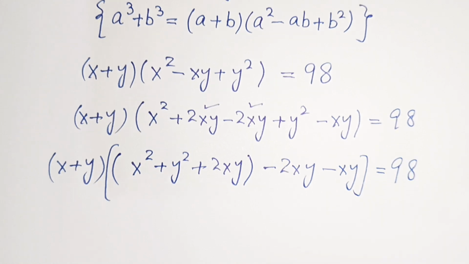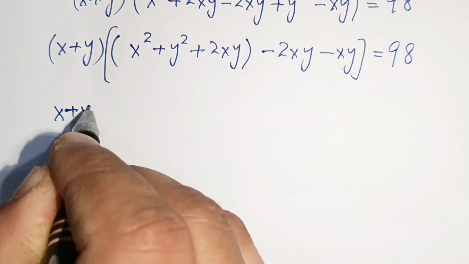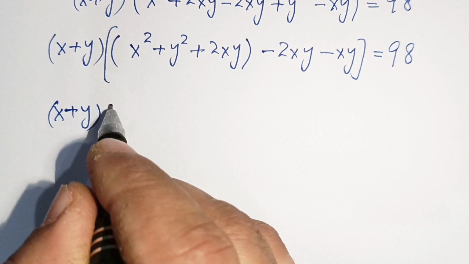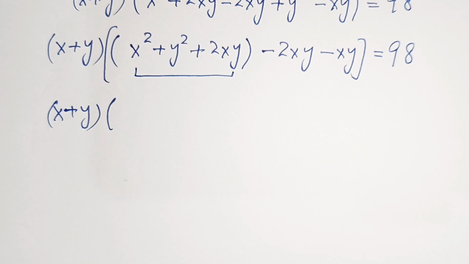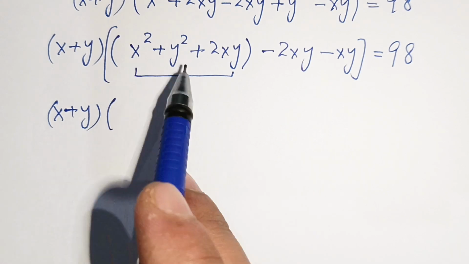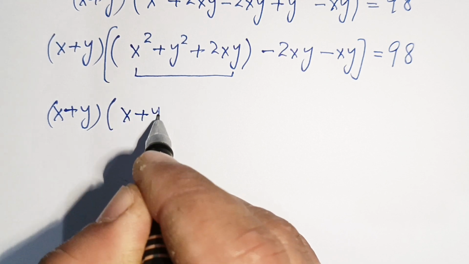Now our next step: x squared plus y squared plus 2xy will be x plus y whole squared. So here we have x plus y whole squared.